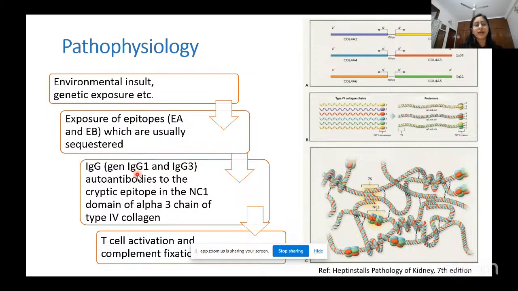These autoantibodies are against the cryptic epitope of the non-collagenous 1 domain of the alpha 3 chain of type 4 collagen. Once these antibodies are produced, it results in T cell activation and complement fixation, and all of this leads to damage of the glomerular basement membrane and crescent formation.